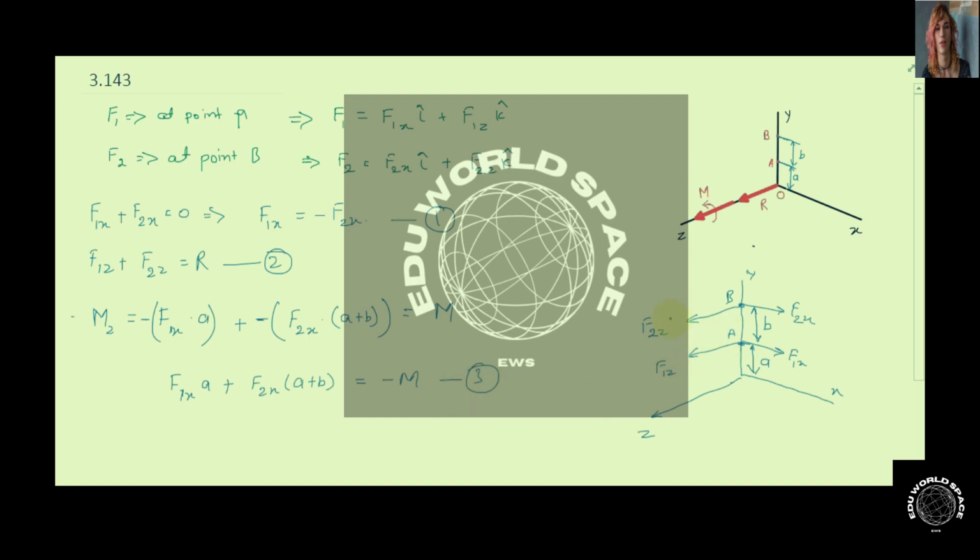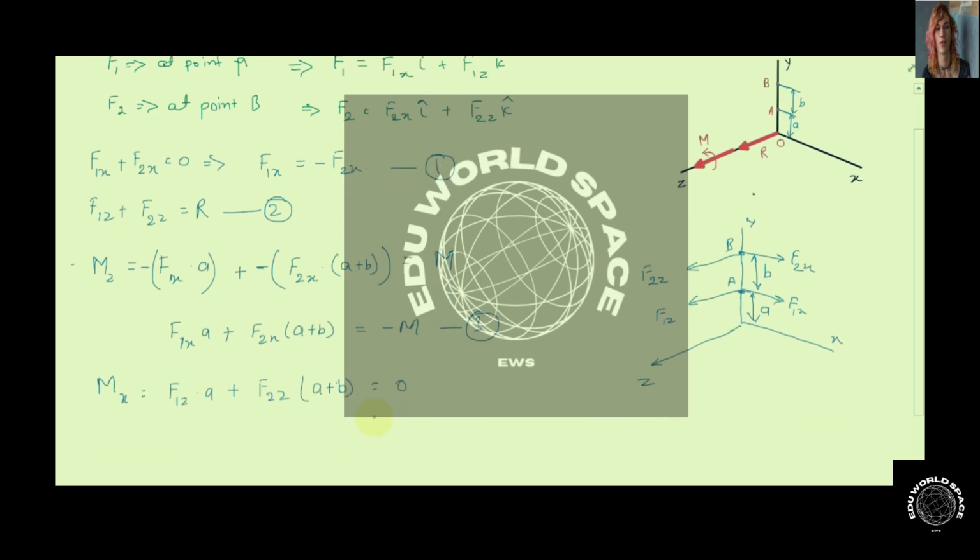Now this F1z and F2z will give moment about x direction, so we can balance moment along x axis, and that will be because of this F1z, the moment will be in positive x direction, so it will be F1z multiplied by A plus F2z multiplied by (A plus B), and moment in actual diagram in x direction is 0, so this must be equal to 0.